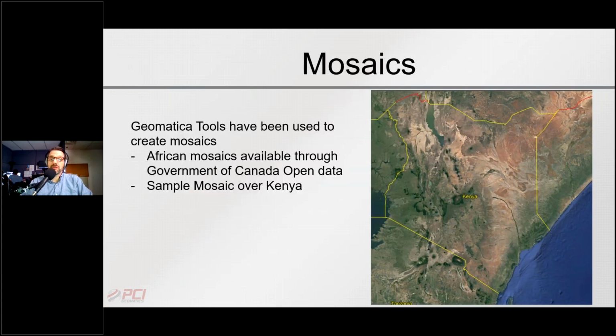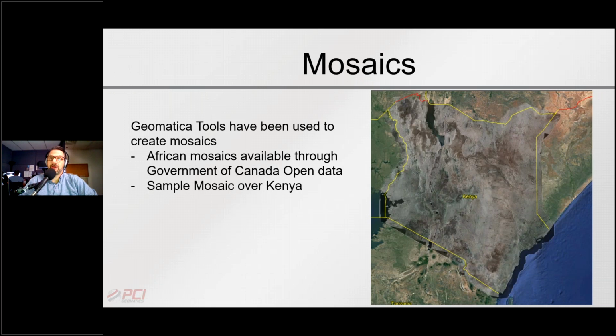Another product that you would be familiar with if you've used Geomatica or know anything about us is we can, of course, stitch multiple images together. This is just a Google Earth view showing Kenya, and going back to RADARSAT-1, actually, the Canadian Space Agency collected quite a bit of data over the whole African continent, and there was a contract where Geomatica was used to produce mosaics of the entire continent and of specific countries.